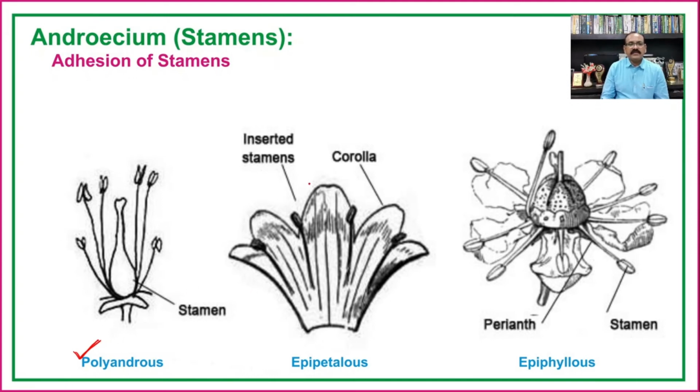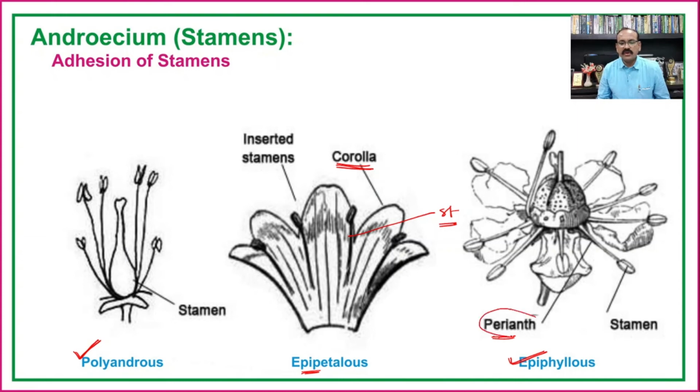But when the stamens are fused to the corolla or the petals, that condition is known as epipetalous. Stamens fused with the petals are known as epipetalous stamens, and stamens fused with the perianth are known as epiphyllous stamens.